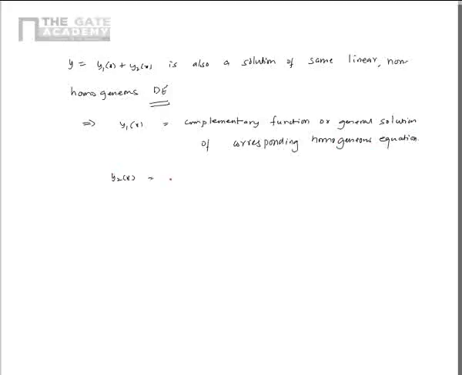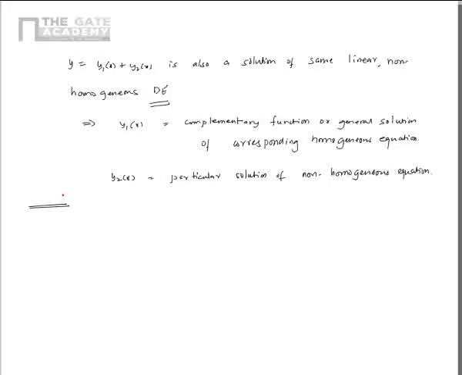And y2(x) is basically called the particular solution of the non-homogeneous equation. So these are the terminologies: complementary function and particular solution, or the complementary solution and particular solution. We'll be mostly using these when we solve the non-homogeneous differential equation. These two are the important facts we'll be mostly using while deriving the solutions for higher order linear differential equations.